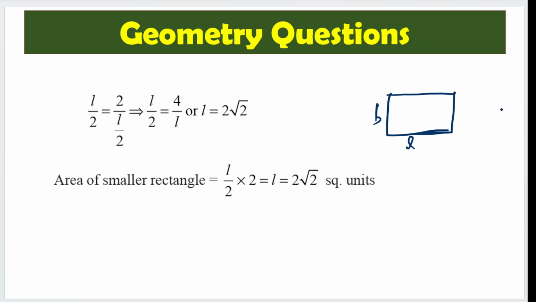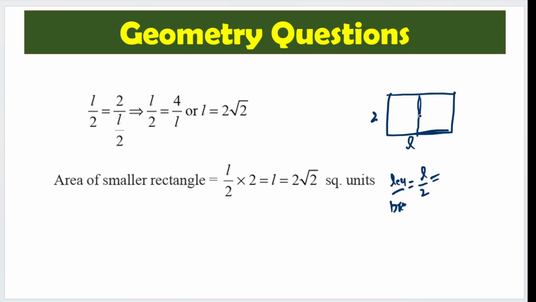Now, if you fold it like this, for the original rectangle the length is L and the breadth is 2. So, length by breadth is L by 2, right? Now, this ratio is the same for the new rectangle.